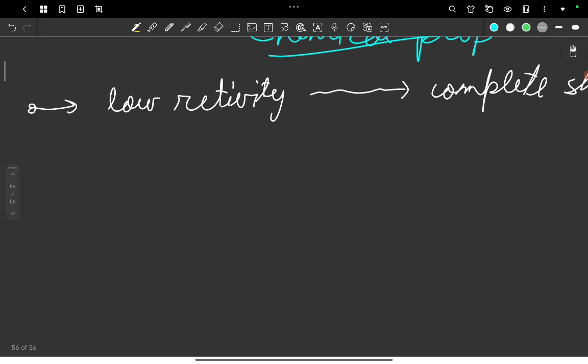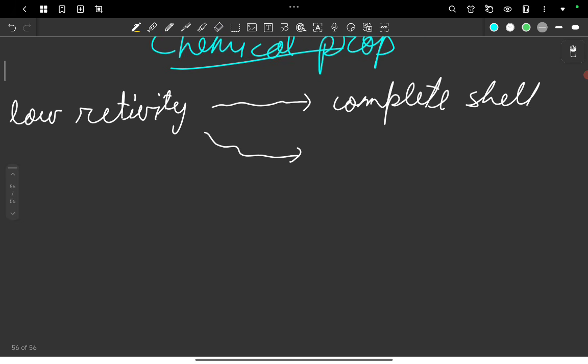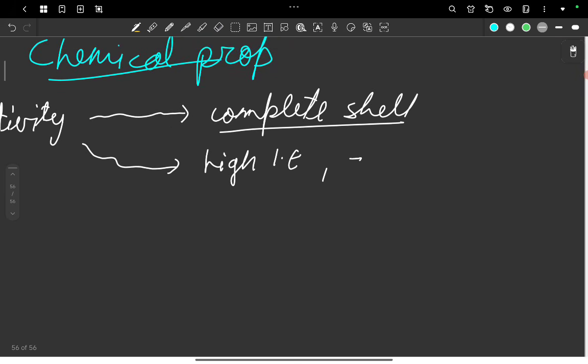At all. And another reason, a direct consequence of the first reason, is that they have high ionization enthalpy and positive electron gain enthalpy. So, in order to form a bond, you either lose an electron or you gain an electron.